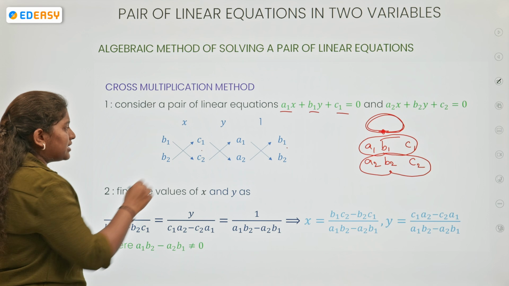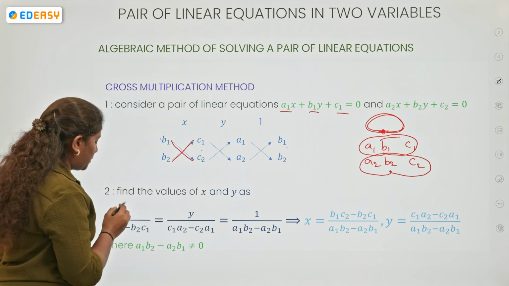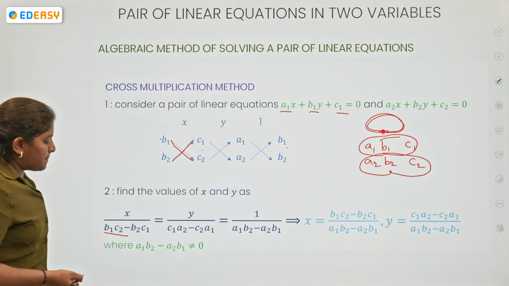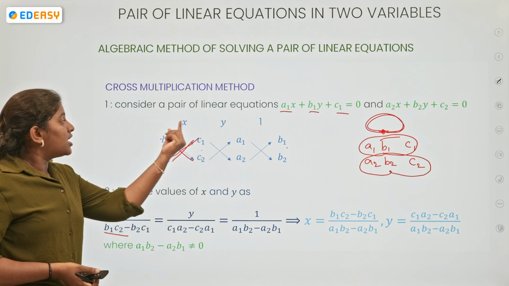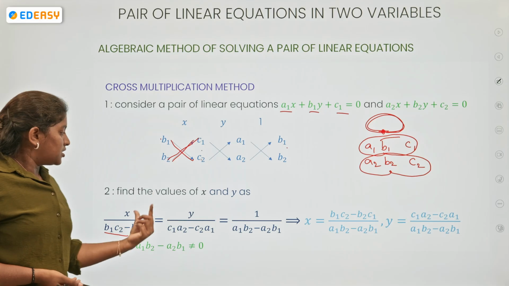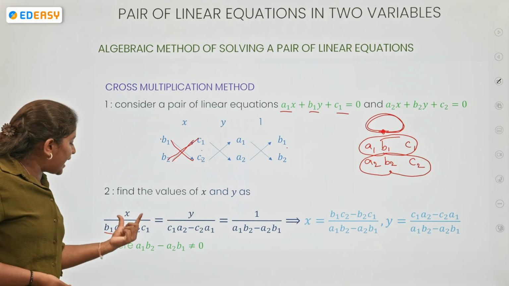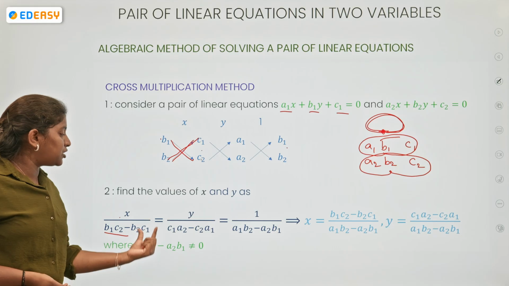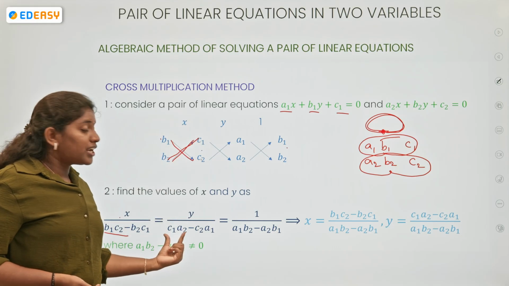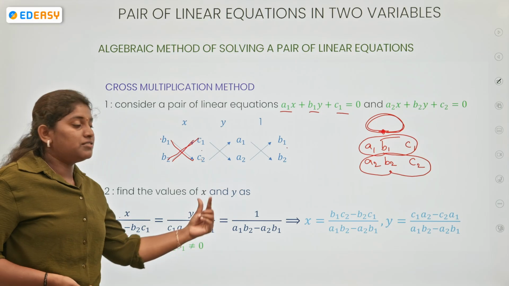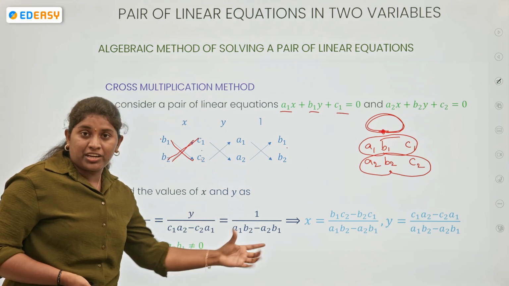Fine. Now let's do the cross multiplication. It means B1C2 minus B2C1 will give you the denominator for your x. So now the values of x and y will be found using x by B1C2 minus B2C1, which equals y by C1A2 minus C2A1, which equals 1 by A1B2 minus A2B1.